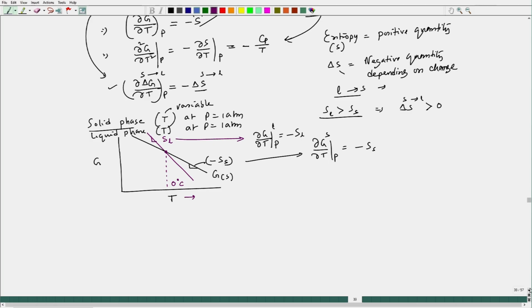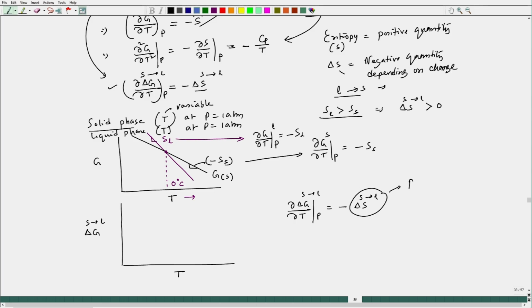Now, if I look at T with delta G, it is basically solid to liquid. That means delta G solid to liquid at constant pressure should be equal to minus delta S solid to liquid. This particular term is a positive quantity. So, since it is a minus, that slope would also be negative.